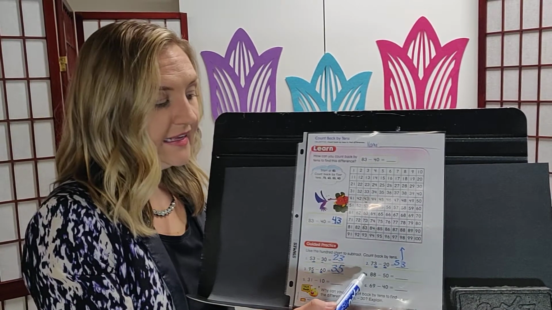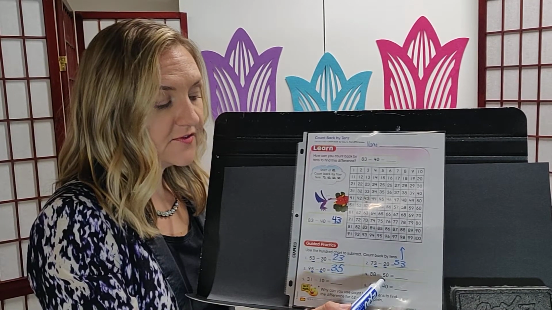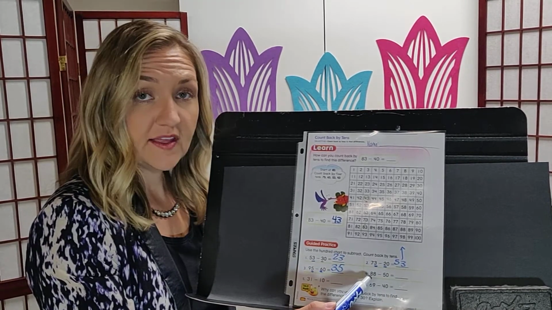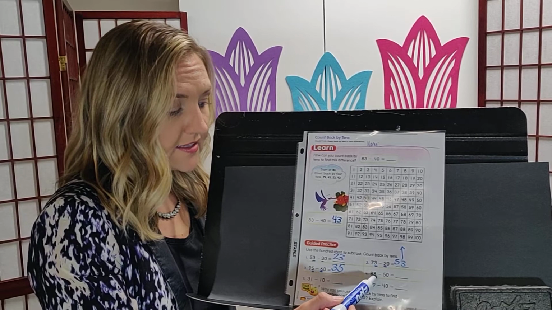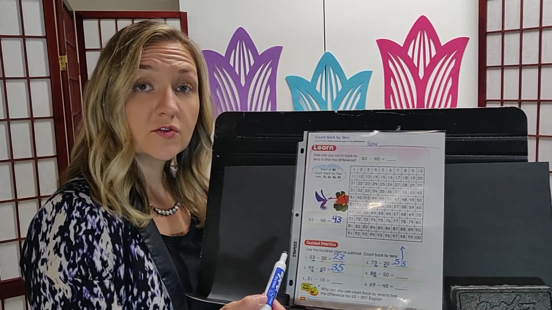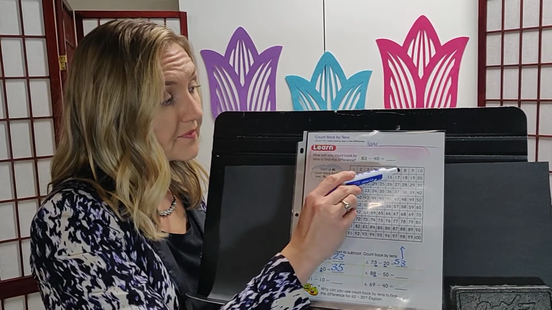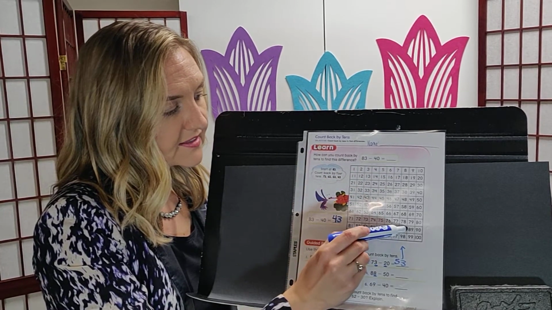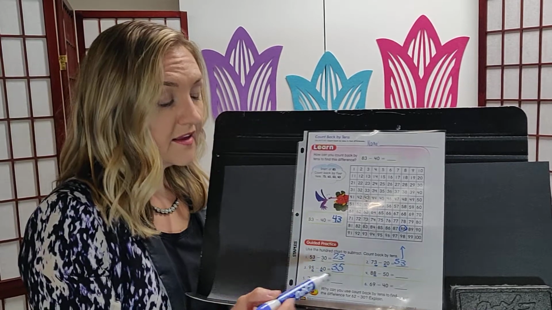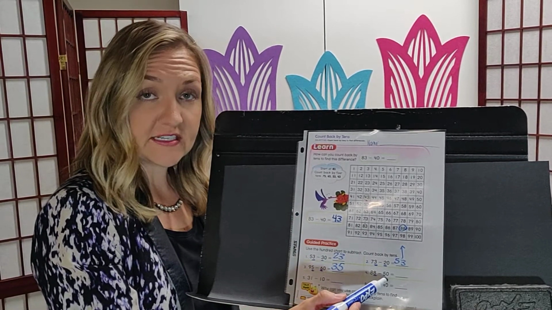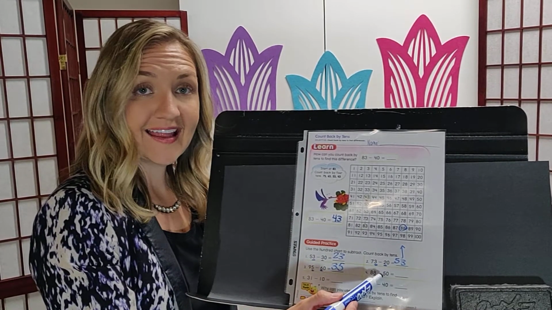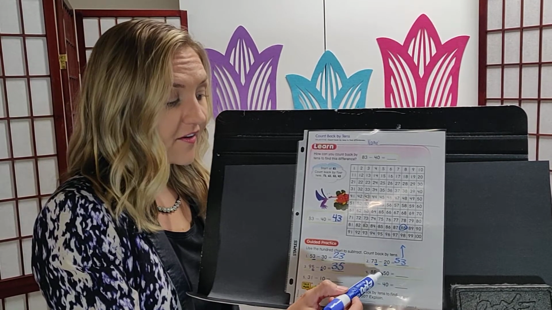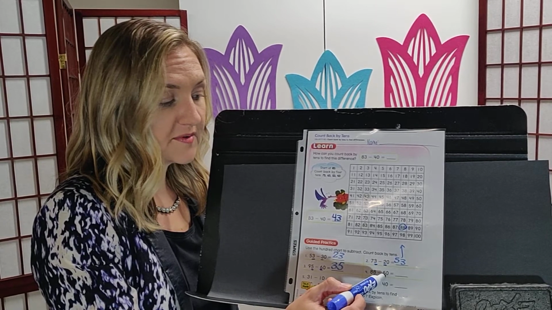Number 4, 88 minus 50 equals, 88 ends with an 8 in the ones place value. So we go to our 8's column until we find 88. And here it is. Now we're going to subtract 50. How many groups of 10 is 50? 5 groups of 10.